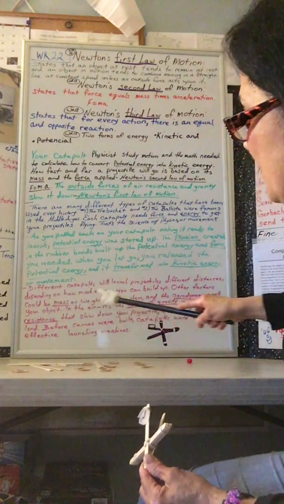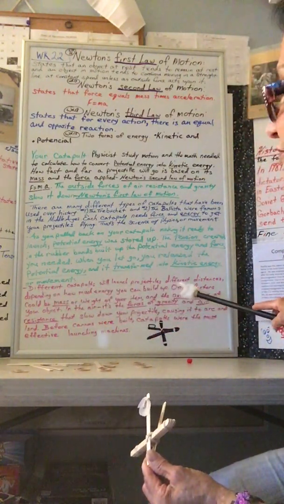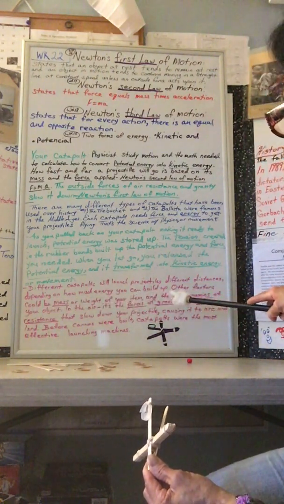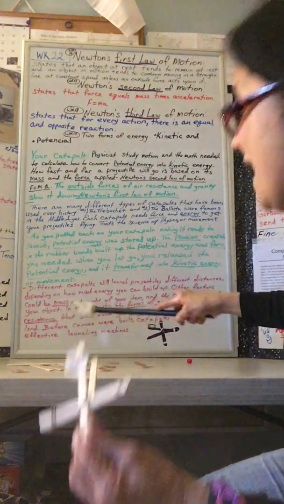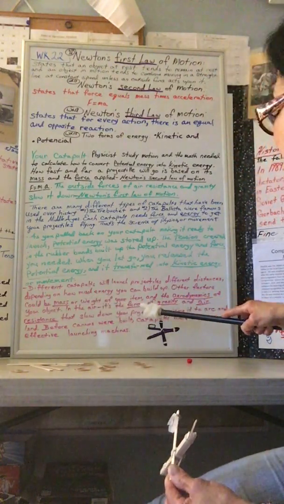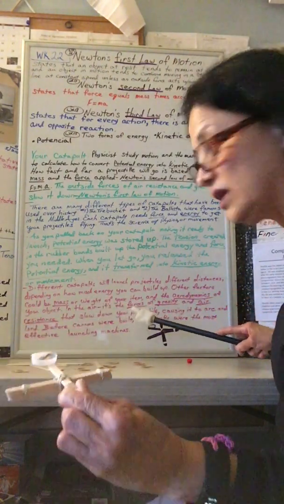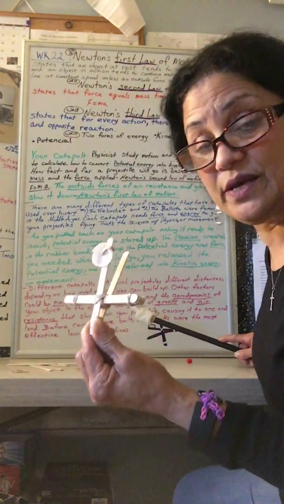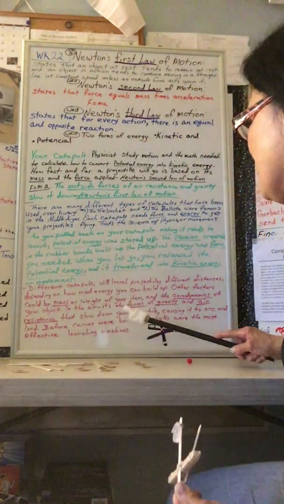Different catapults will launch projectiles different distances depending on how much energy you can build up. Other factors could be the mass or weight of your item. We're not going to put a rock in here, or else it'll go even further, but I don't want to hurt anybody or break anything.